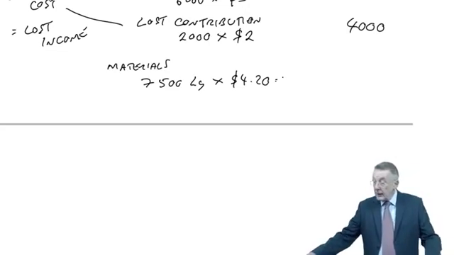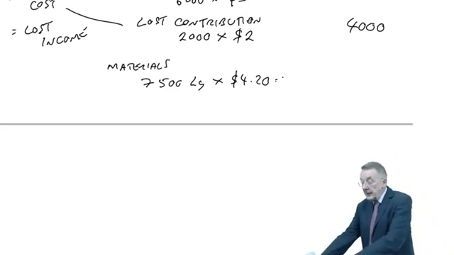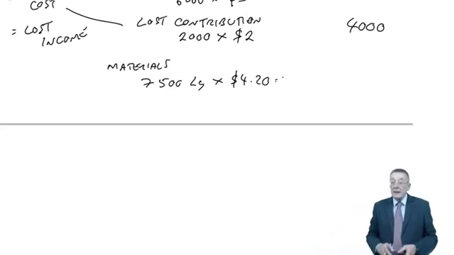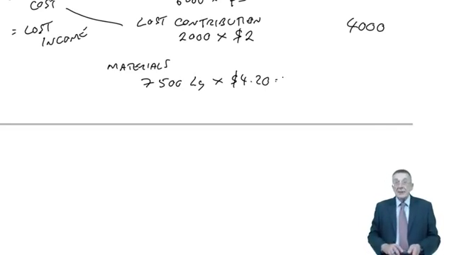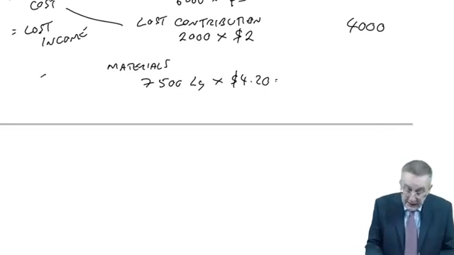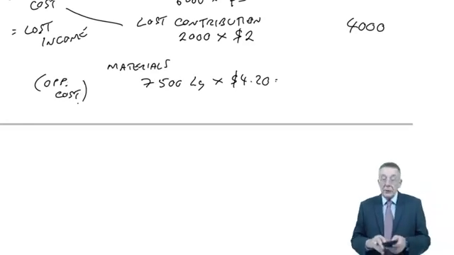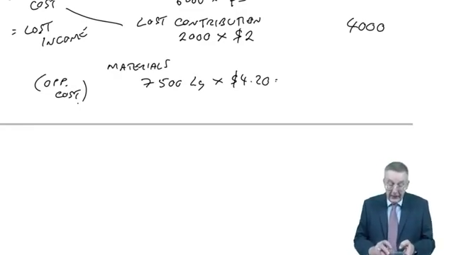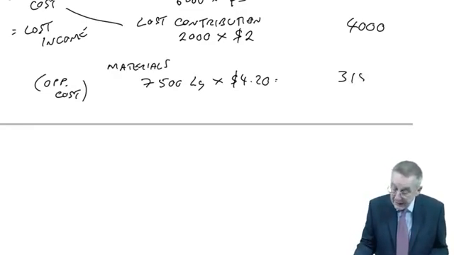By doing the contract, sorry, I'm trying to find my calculator here. By doing the contract, we're losing income that we could have received. And so again, it's an opportunity cost of doing the work. 7,500 at 420 is 31,500.